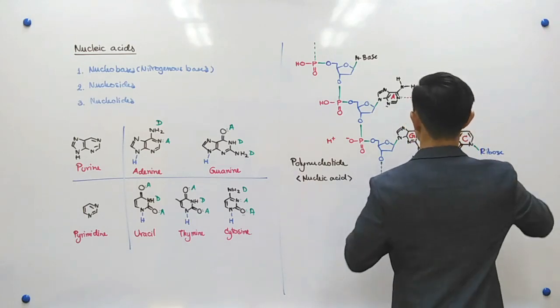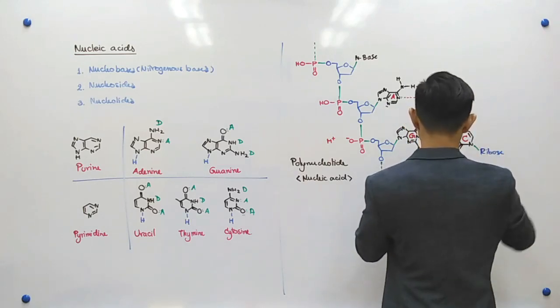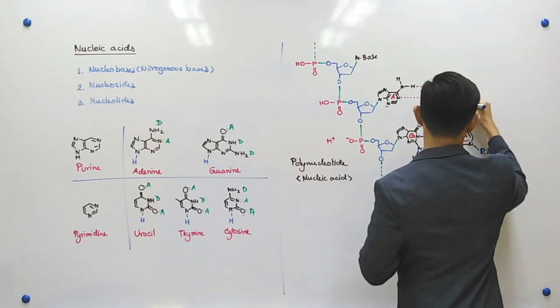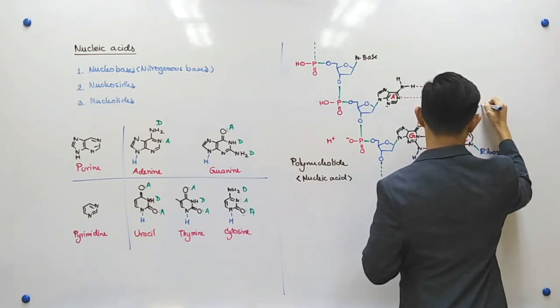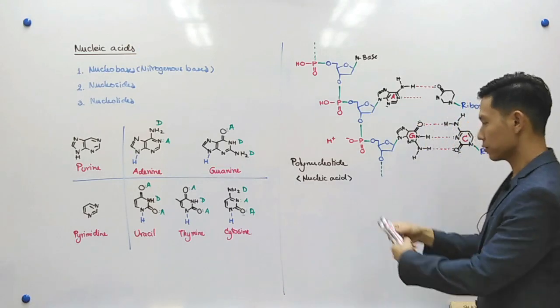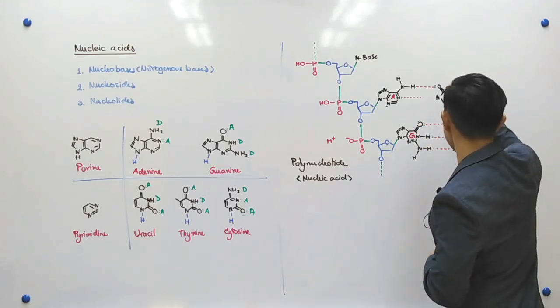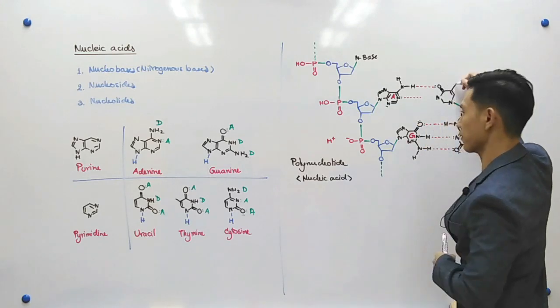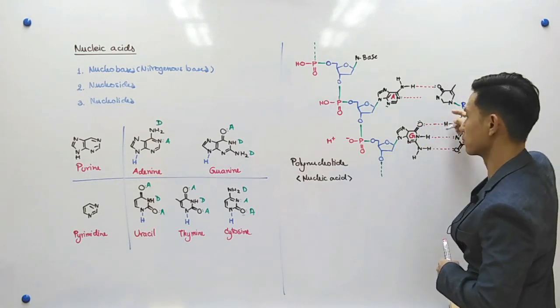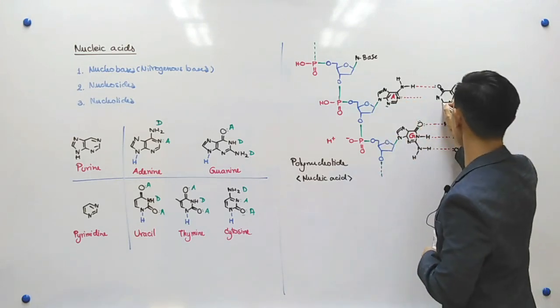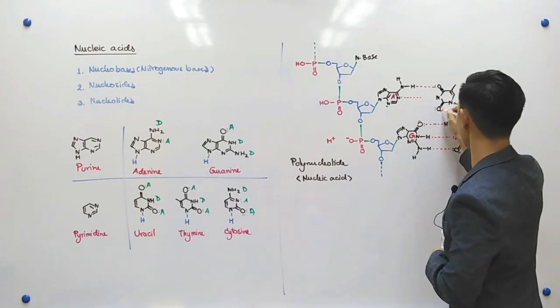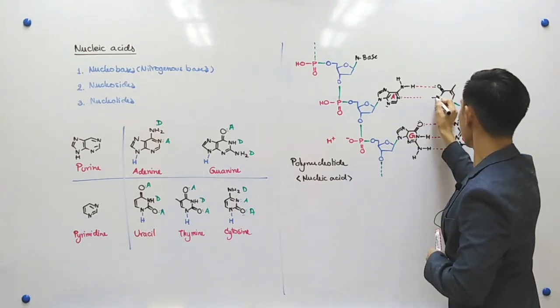So the N here will go to the ribose with the glycosidic bond. Now we are drawing the thymine. You have a double bond over here, a methyl group over here, and the ribose. And then you have a double bond O over here. And for this, you have an H.